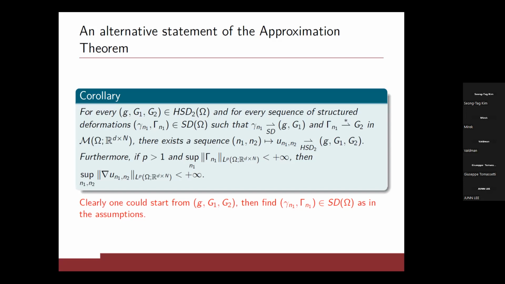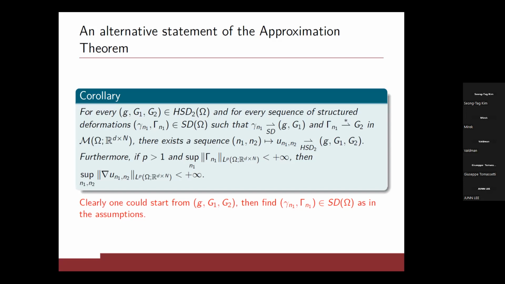You can first consider just the couple g and G1. It is in itself a structured deformation in the sense of Choksi-Fonseca. Because of that, you can find a sequence, which here I'm denoting by little gamma n1 and capital gamma n1, that converges to g and G1 in the sense of structured deformation.